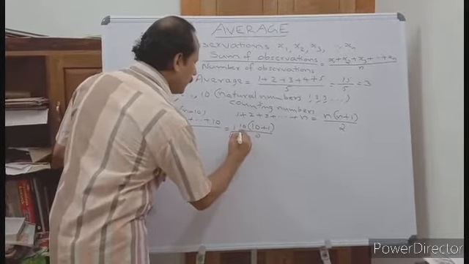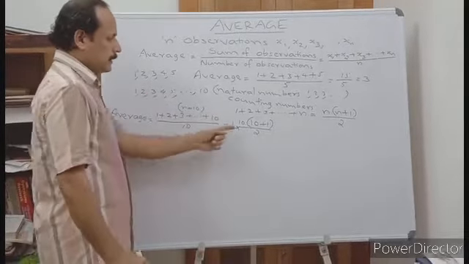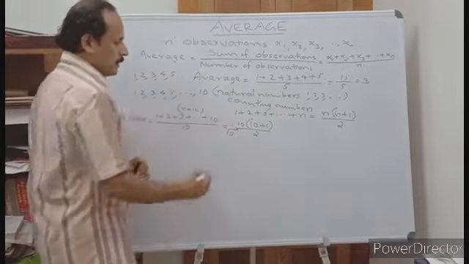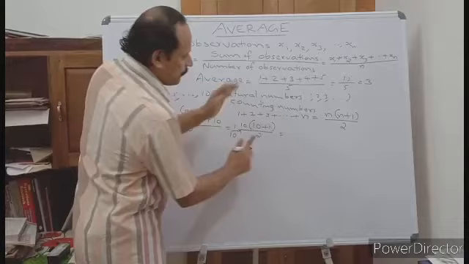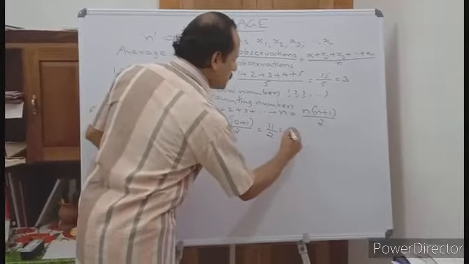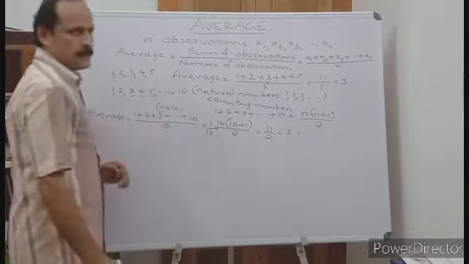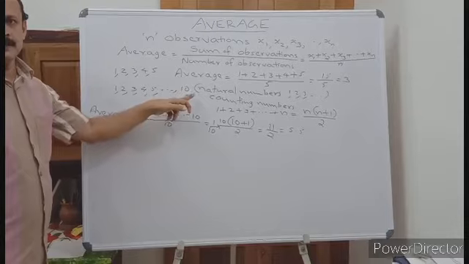Therefore we have 1 by 10 into the sum of the numerator, and we can cancel this 10 with this 10, remains 11 by 2. 10 plus 1, 11 by 2. This is 5.5. So 5.5 is the average of 1, 2, 3, etc.